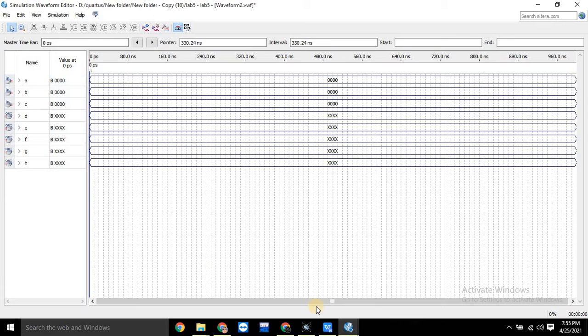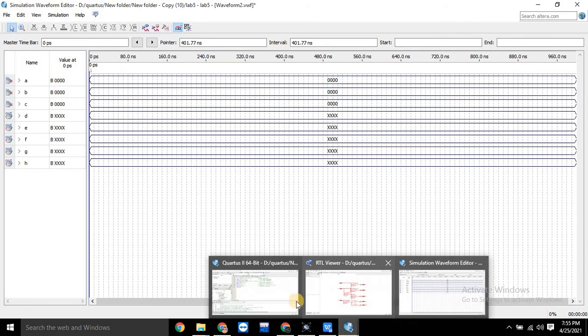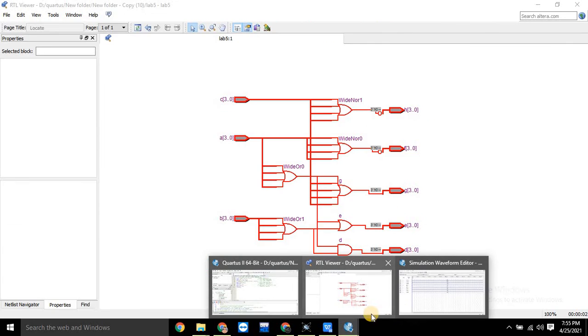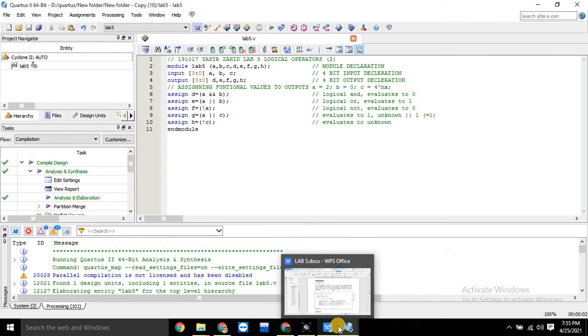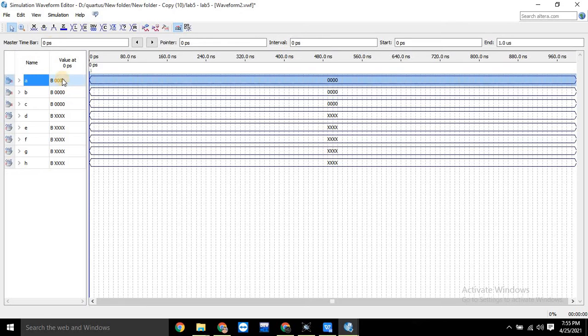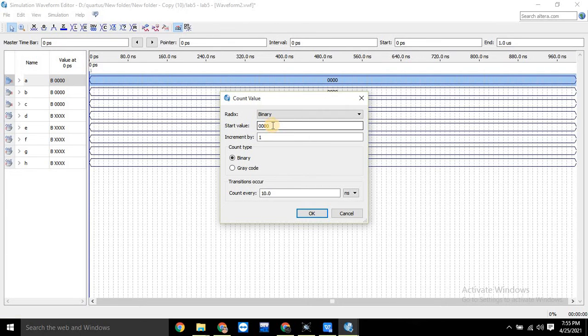Now first we'll set our values from our code. A equals 2, B equals 0, and C equals unknown. A is 2 in binary, which is 1 0.